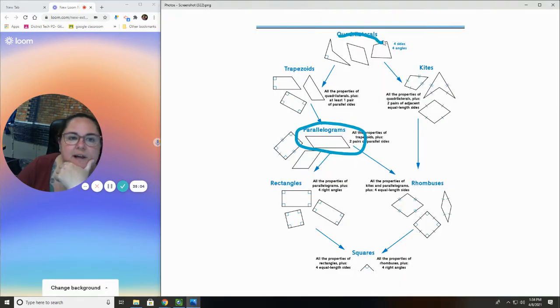Well, we know it's a quadrilateral because it's a four-sided figure. I can follow the arrows this way, so it's also a trapezoid and a parallelogram. Awesome. Let's try one more. Let's do red this time. What if this was my shape? What other names could this be?